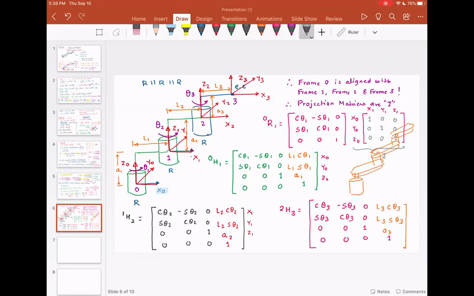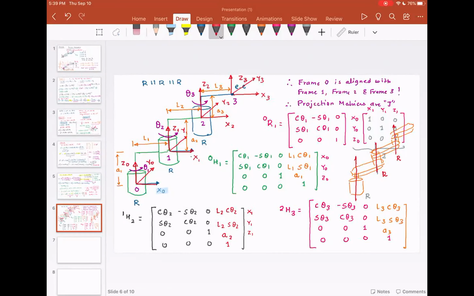So you have your first revolute joint, and let me show you just the Z's, your second revolute joint, and your third revolute joint. So you have R, R, and R. And that is how this robot is going to look. Everyone clear about how this robot is going to look physically?